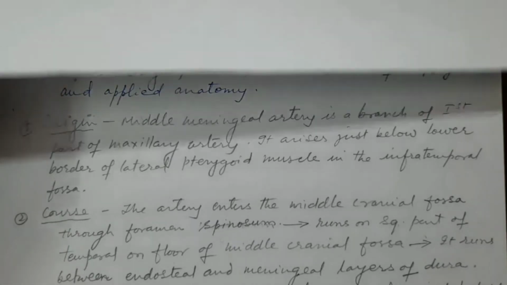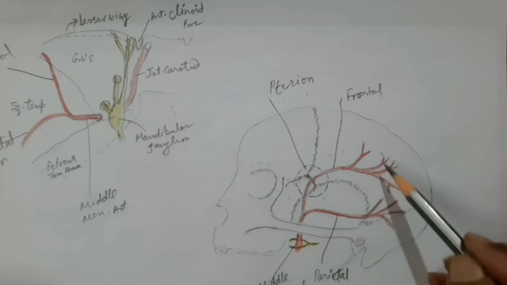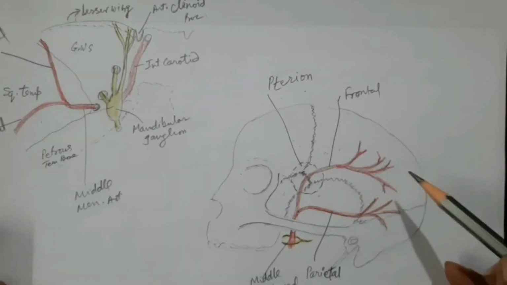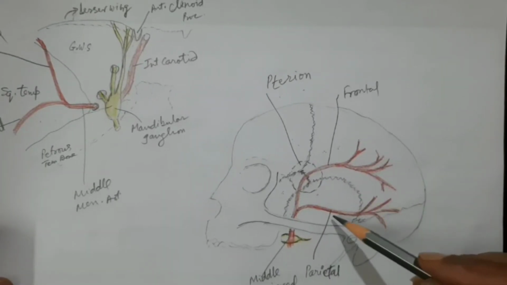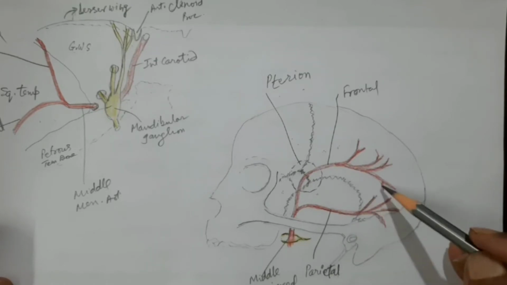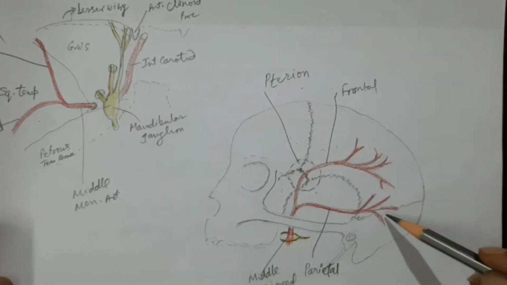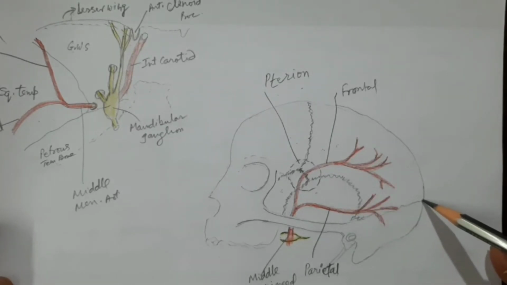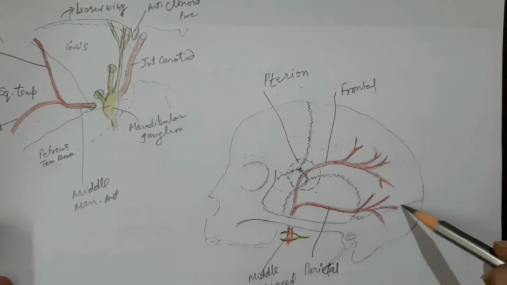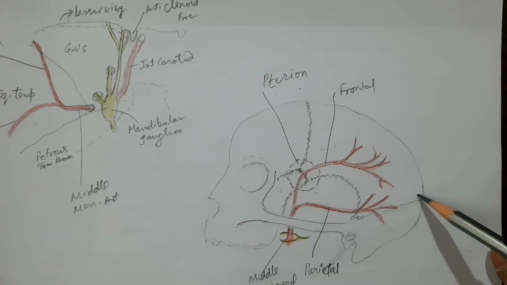I hope that you have seen the origin and the course of this artery and its branches. Now the parietal branch will go to the antero-inferior angle of the parietal bone, where it will divide. Some of its branches will go towards the lambda, the junctional point between the sagittal suture and the lambdoid suture. This artery will go right up to the lambda.